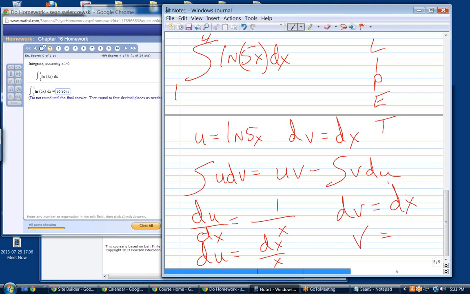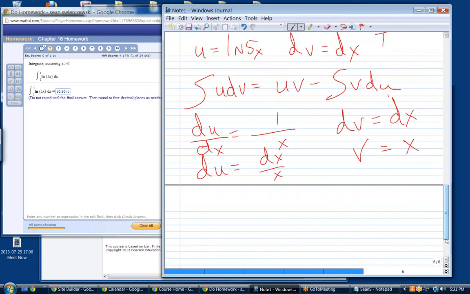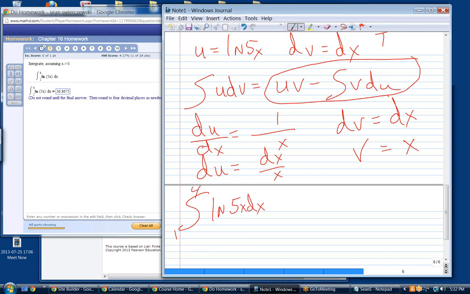If dv equals dx, then v equals x. Okay, so now this is going to be our answer. So what should I write? So the integral of natural log of 5x dx, which I didn't recognize as an integration by parts. That's why I looked it up in the table, and that's why I've never had to do that before, because that's not the correct way to do it.